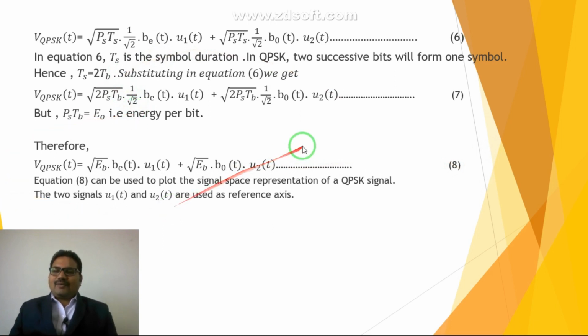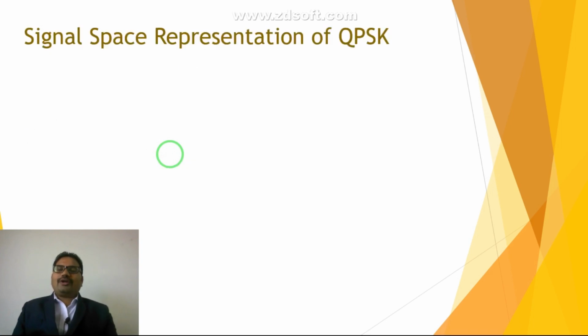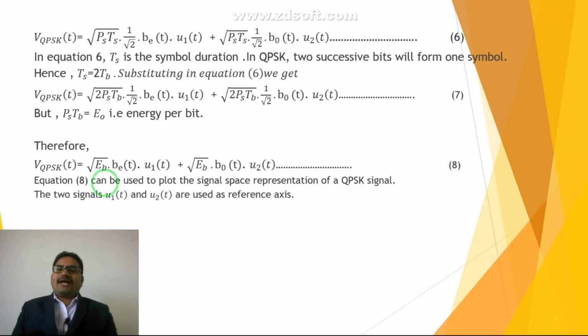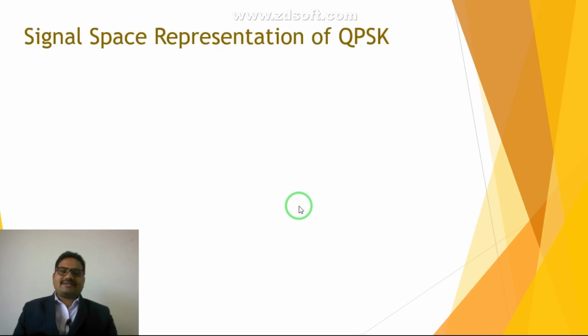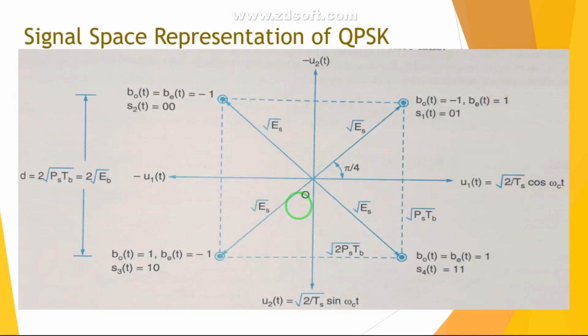This equation we are going to use to plot the signal space representation of your QPSK signal. And remember, u1 of t and u2 of t are nothing but your reference axes. So now see this one. This is your signal space representation of QPSK. This is your u1 of t and this is your u2 of t.